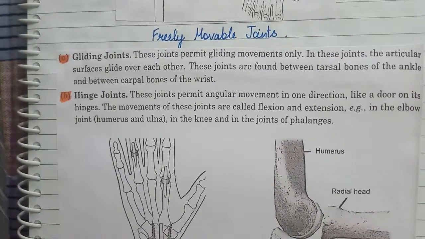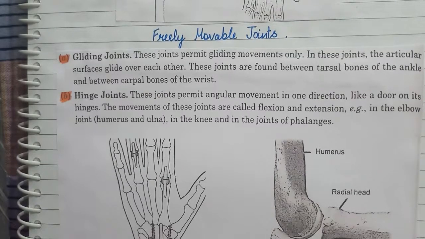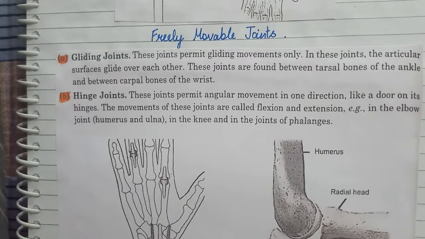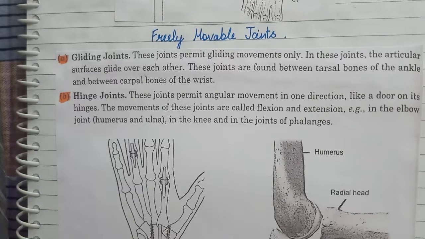First, gliding joint. These joints permit gliding movement. Only in these joints the articular surfaces glide over each other. These joints are found in between the tarsal bones of the ankle and between carpal bones of the wrist.